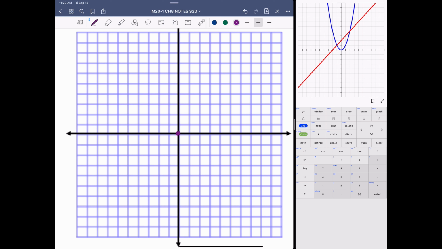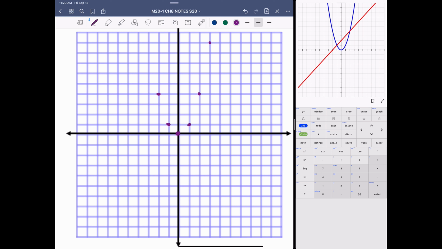If x is 1, y is 1 squared, which is 1. If x is -1, -1 squared is +1. If x is +2, 2 squared is 4, so y is 4. If x is -2, -2 squared is +4. If x is 3, y is 3 squared, which is 9.